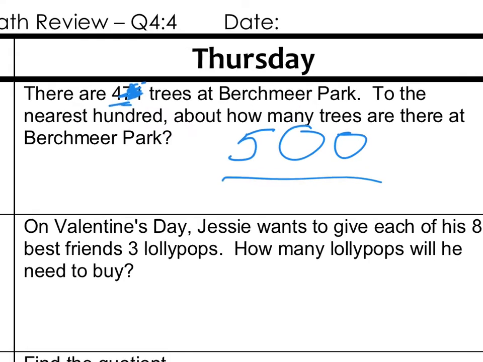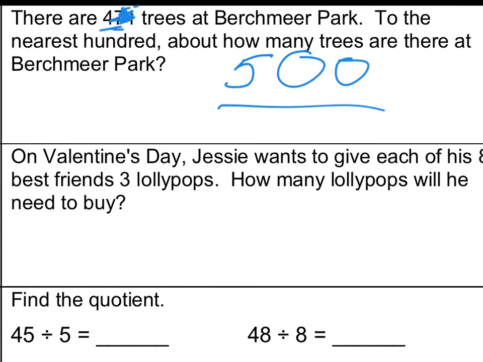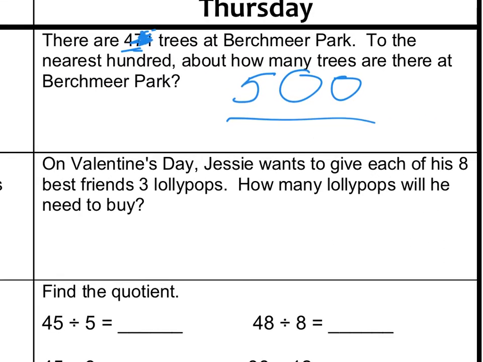Our second question is, on Valentine's Day, Jesse wants to give each of his 8 best friends 3 lollipops. How many lollipops will he need to buy? So, if he has 8 friends and he wants to give them 3 lollipops, you're going to have to multiply for each.